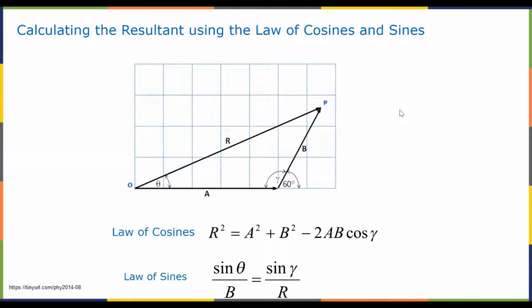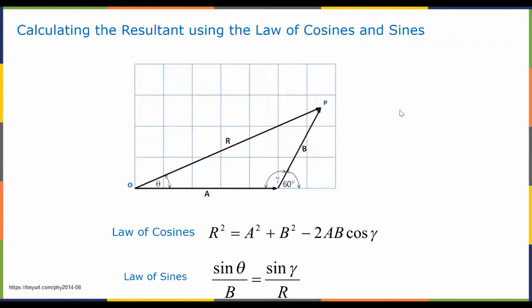Inside a triangle, you can apply the law of sines or the law of cosines, either way. The law of cosines says the length of this side squared should equal the length of this side squared plus this side squared minus twice this length multiplied by this length and the cosine of this angle. The cosine is in the equation, so this is the law of cosines.